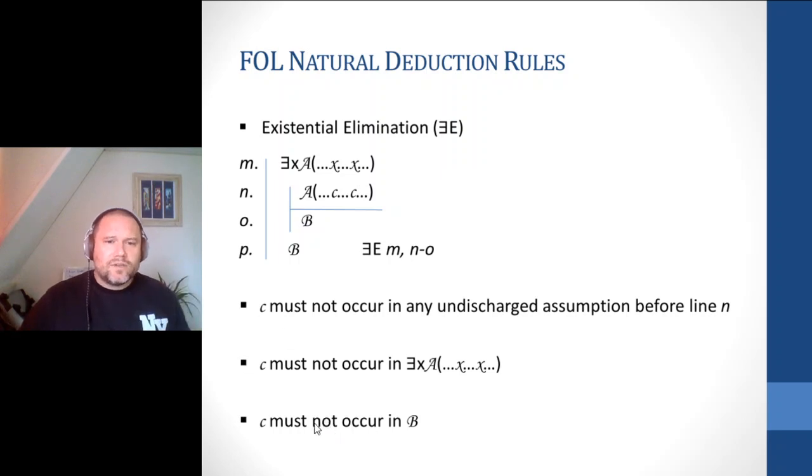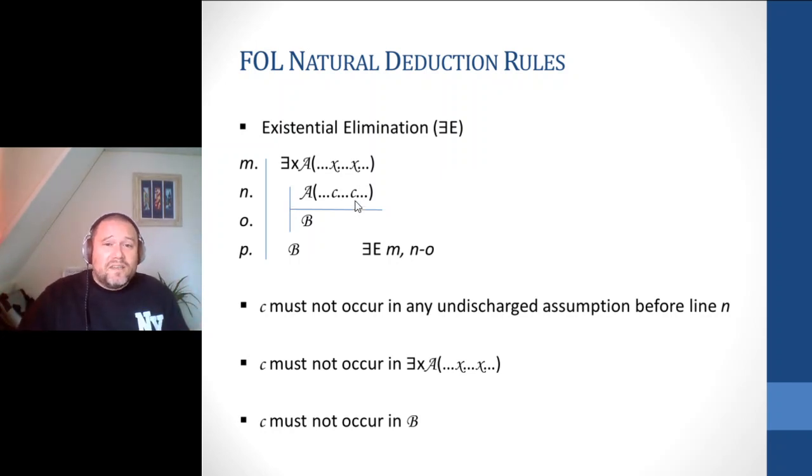Now our last restriction is that, again, the name that we're talking about, C, cannot appear in the result that we're going to get out from the elimination. This again ensures that everything we did in here was never talking about any particular or specific object. It was about some particular thing, but we don't know which.